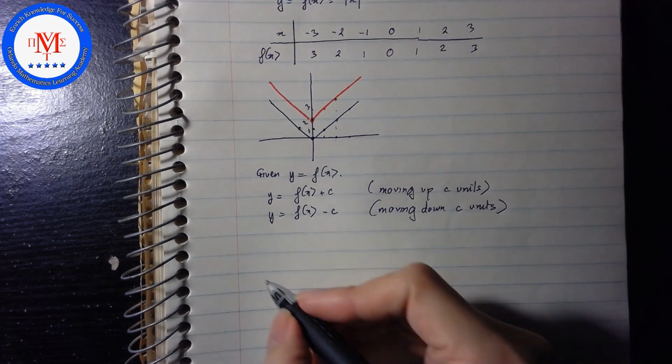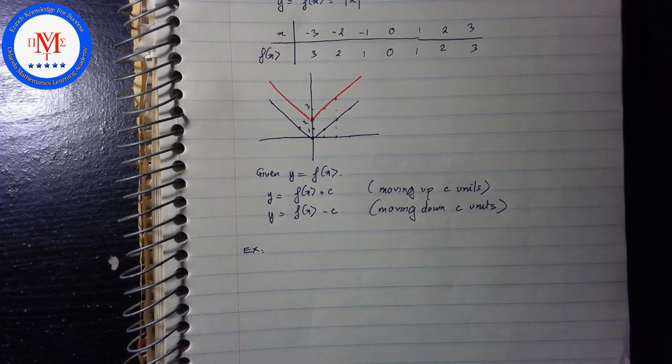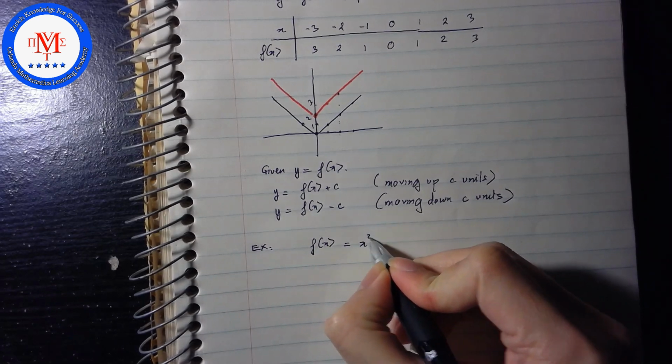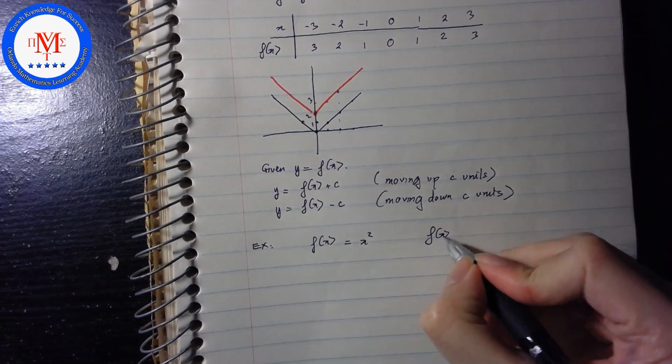Example. We have f(x) equal to x squared and f(x) equal to x squared plus 6.